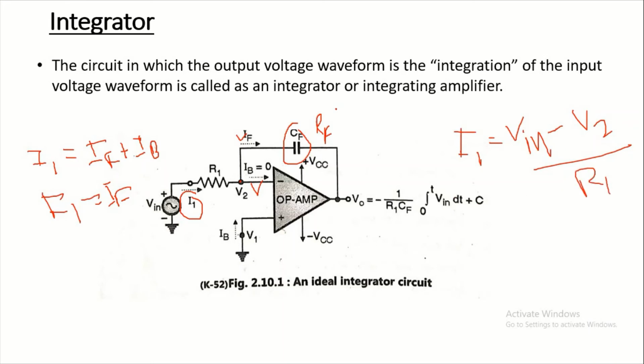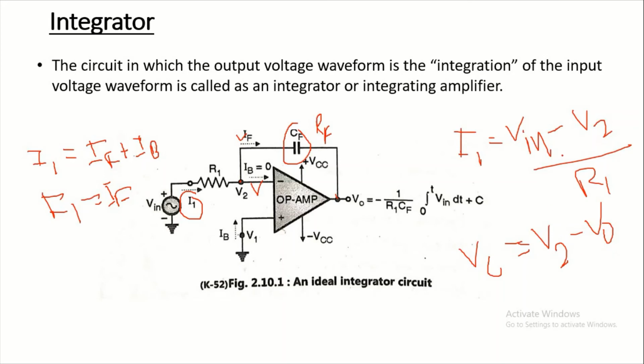Okay, and the voltage across this capacitor VC can be written as V2 minus V0. The capacitor is connected between these 2 points, so the capacitor voltage is written as V2 minus V0.